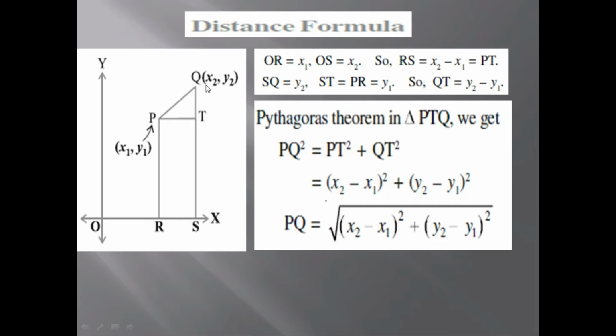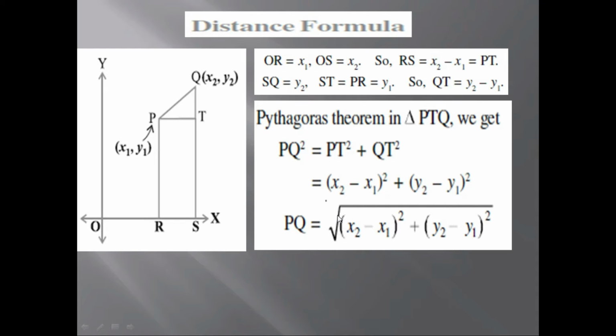Similarly QT square will be y2 minus y1 square, and we are going to find out PQ. So PQ will become under root of x2 minus x1 square plus y2 minus y1 square.